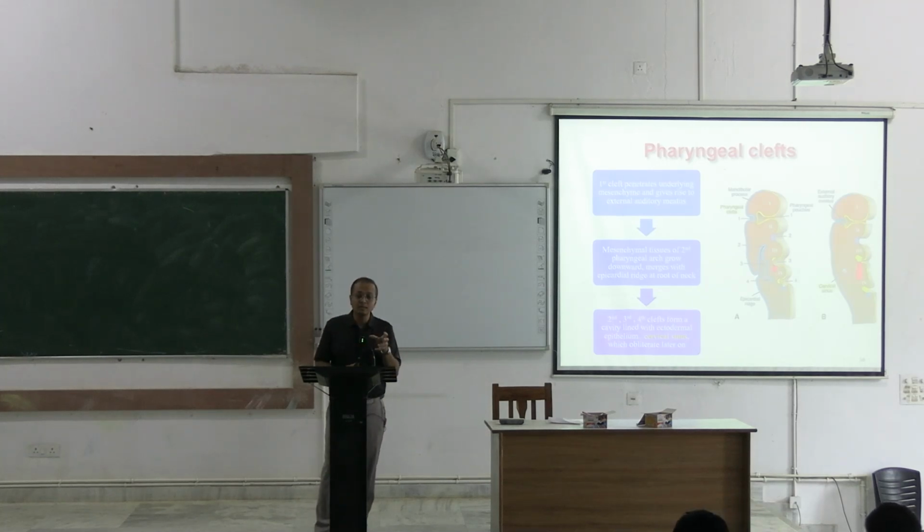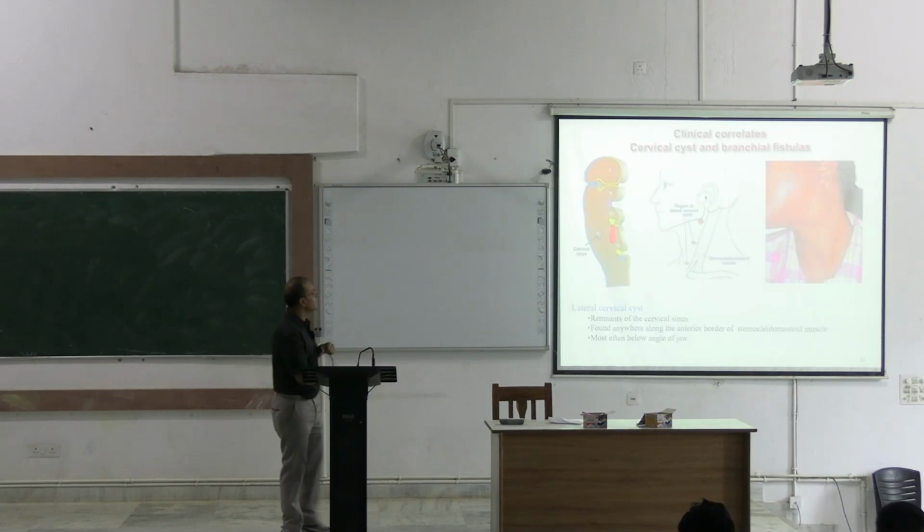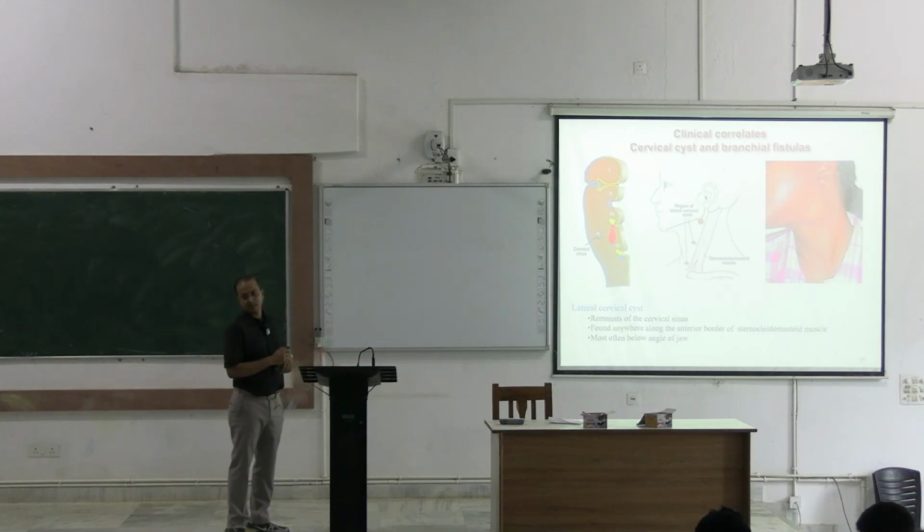The cervical sinus or cervical cyst is failing to disappear, slowly growing under the skin and creating a mass. That particular mass we call a cyst. What cyst? We call it a cervical cyst, also known as branchial cyst or pharyngeal cyst.